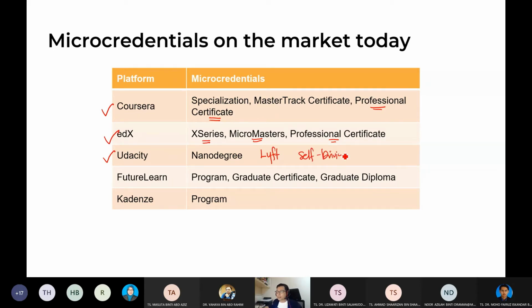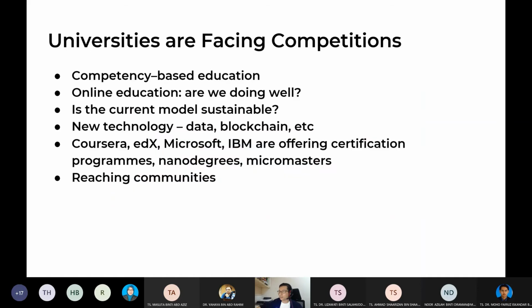They are pretty advanced right now, working with companies to provide nanodegrees on how to be a self-driving car engineer. That's pretty scary actually, because we are just jumping on the bandwagon right now, but they are moving so fast forward. So universities are facing competition.